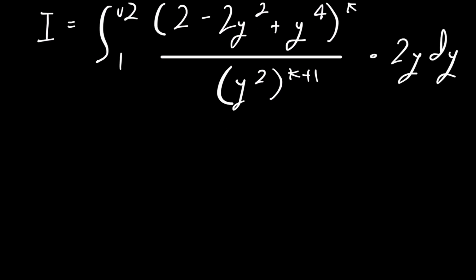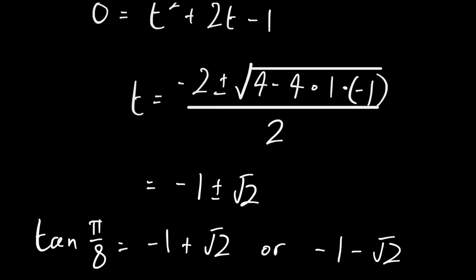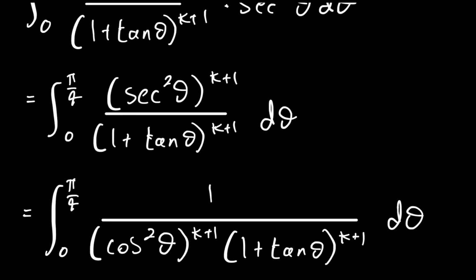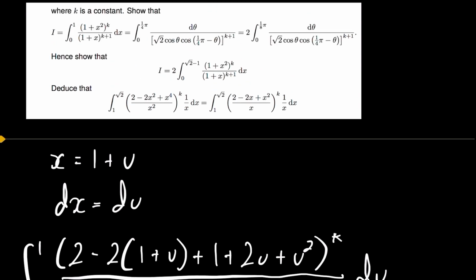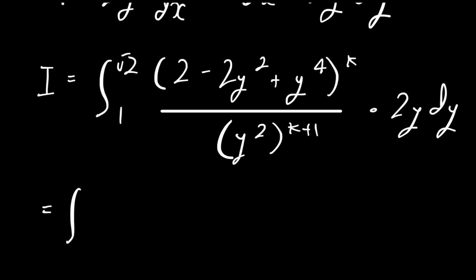Now we want to get this 1 over y on the side. However, the denominator is y squared, and this is to the k plus 1. However, we have the entire thing to the power of k in the final answer. So clearly we're going to take this y squared out to make room for that 1 over x at the side.